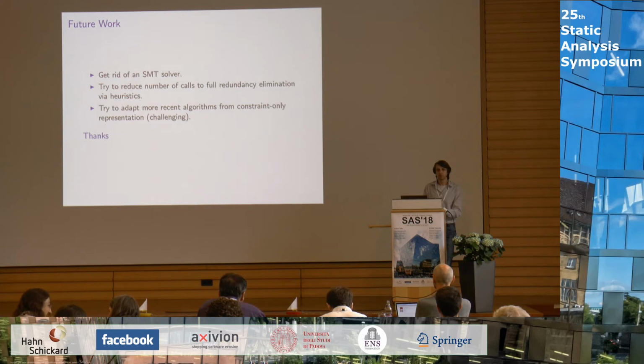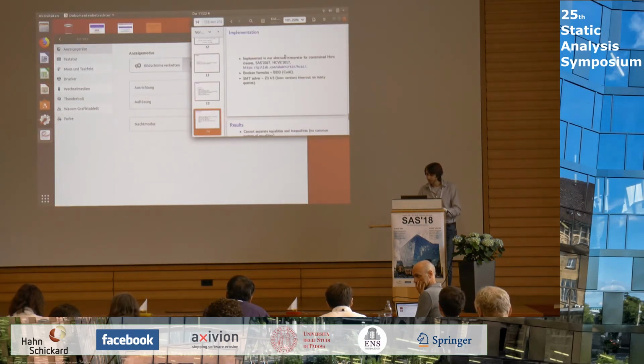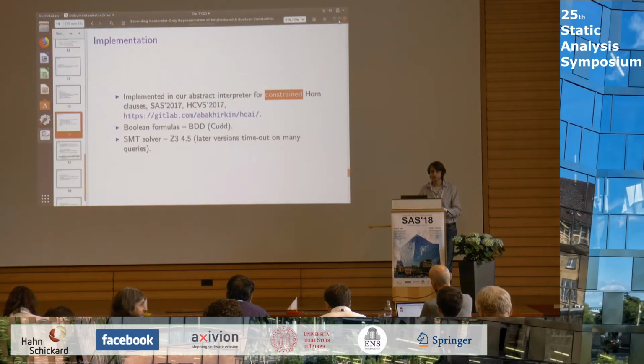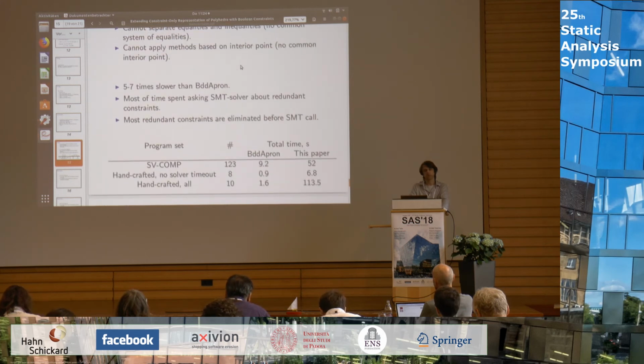You said that when compared to BDD-based tools on those benchmarks, you were 5 to 7 times slower. And the question is, how many disjunctions are there on those benchmarks? Usually few. In these programs, like 1 to 2, right?